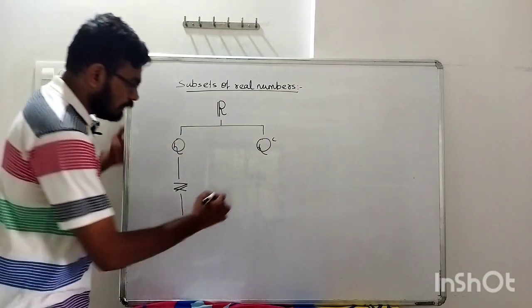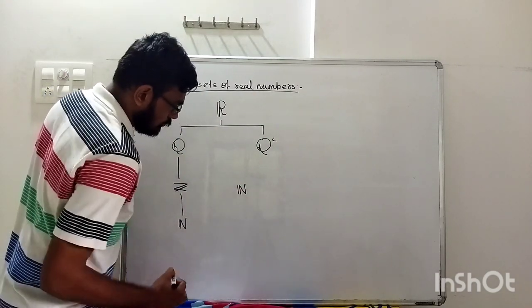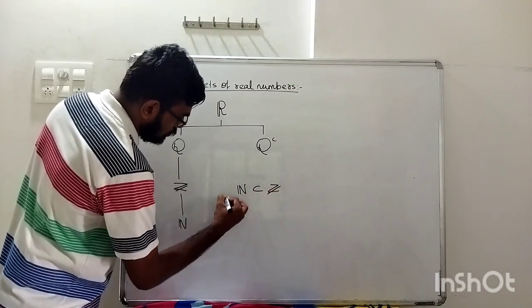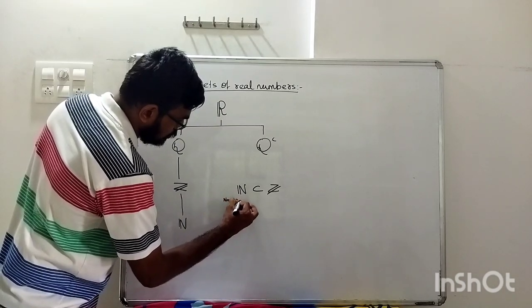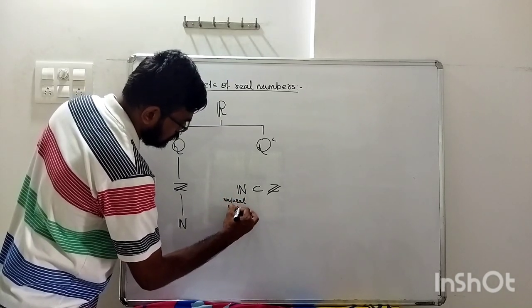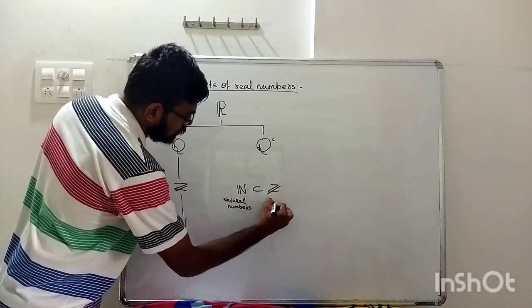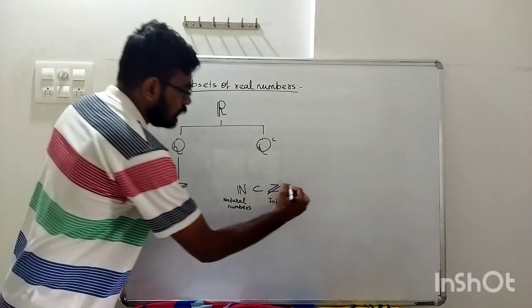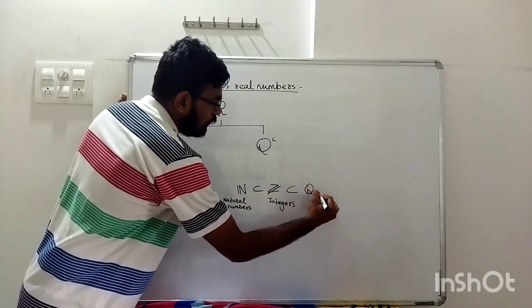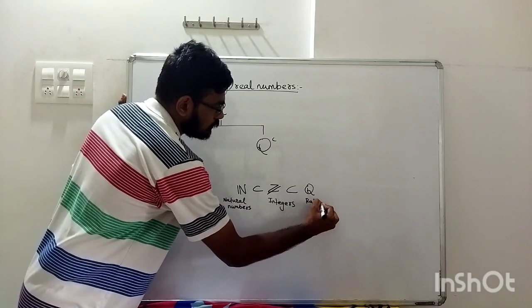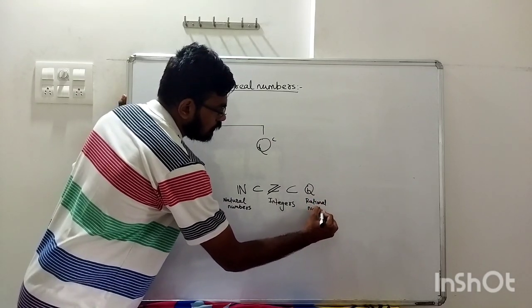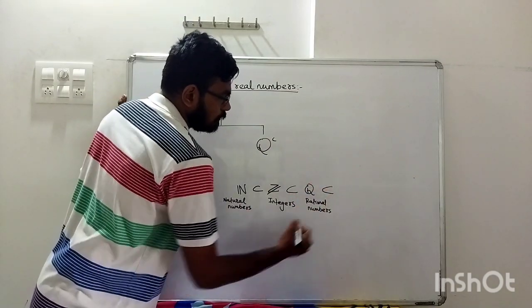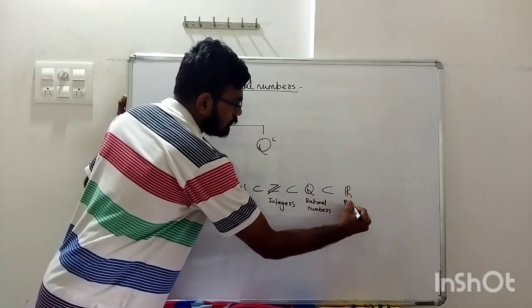From that we can write like this: N, the set of natural numbers, is a subset of the set of integers, and integers is a subset of rational numbers, and the set of rational numbers is a subset of real numbers.